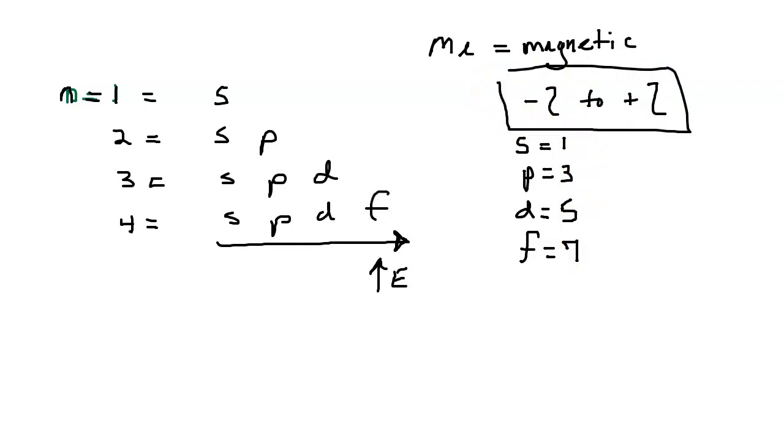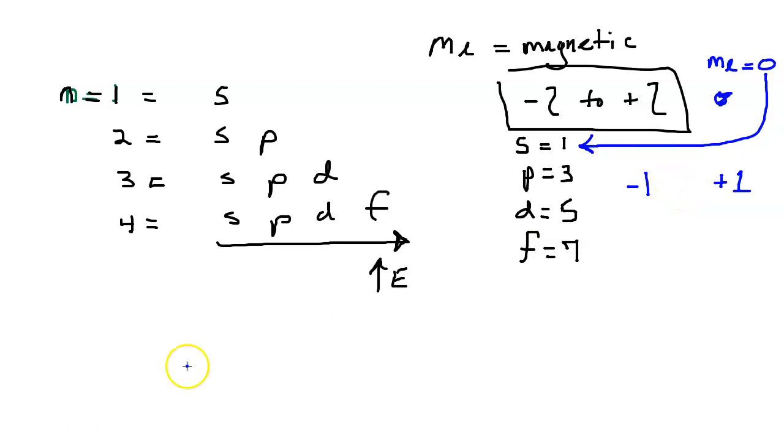Let's look at S. When L is equal to 0, 0 to positive 0 is just 0. So there's just 0 of the m sub L. The m sub L is equal to 0, which means how many values we count here? We count just 1. Now, if we do the p orbital, when the L equals 1, put the rule in, negative 1 to positive 1, and we have to go through the 0.